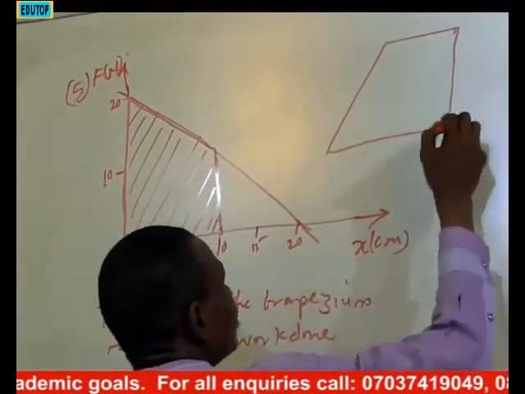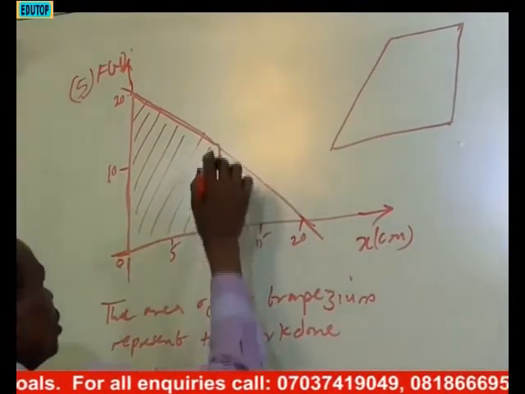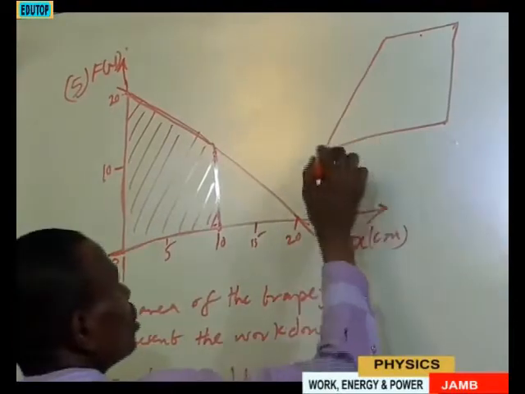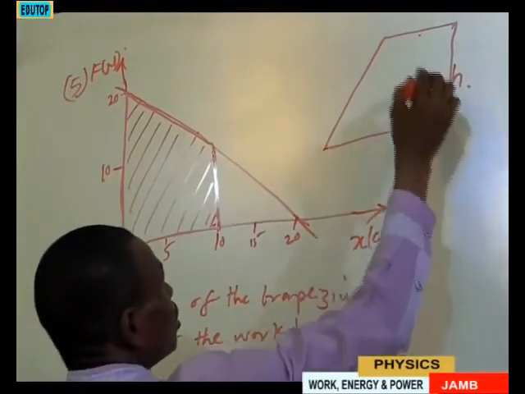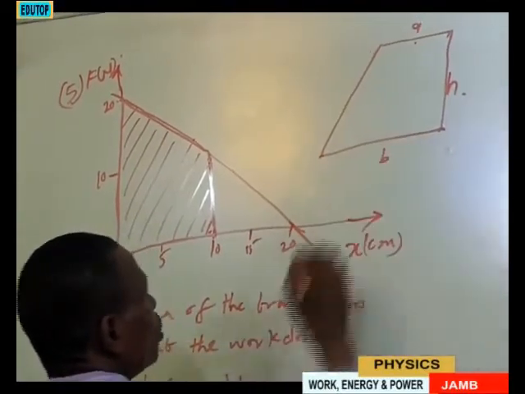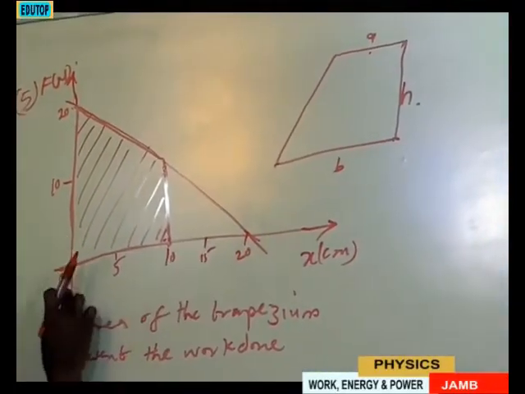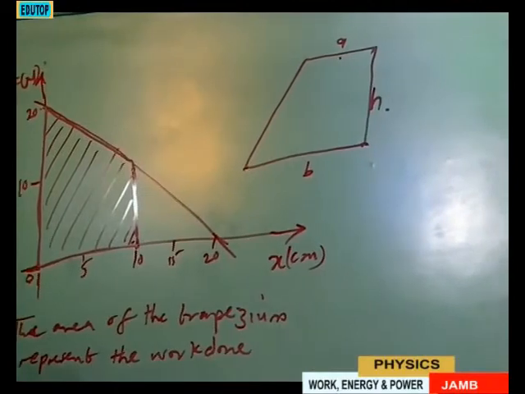so this side will represent this. This side will represent this. This side will represent this. So this is our height. This is your A, this is your B. So the height will now be between 10 and 0, which is 10 times 10.